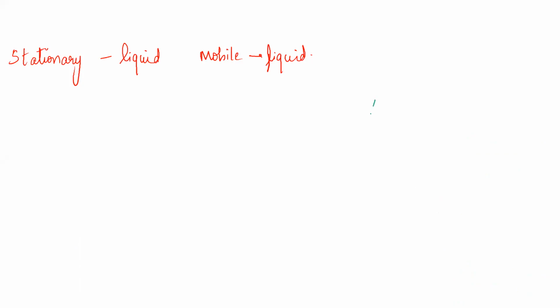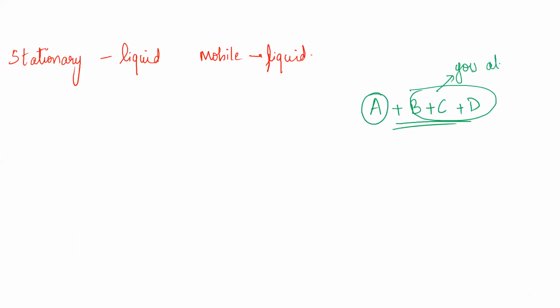It might not only produce A, but it will produce A plus B plus D. So your extract or your supernatant that you have got on centrifugation will not only contain the molecule of your interest, but it will also contain B plus C plus D, which you do not want.